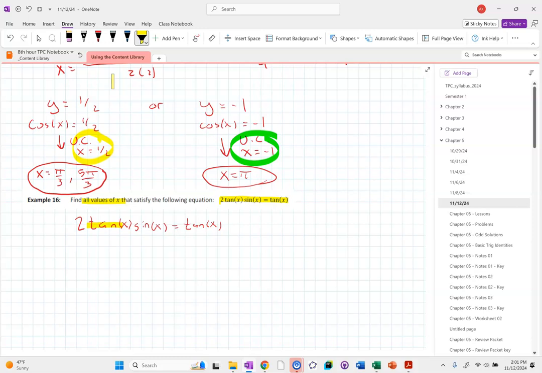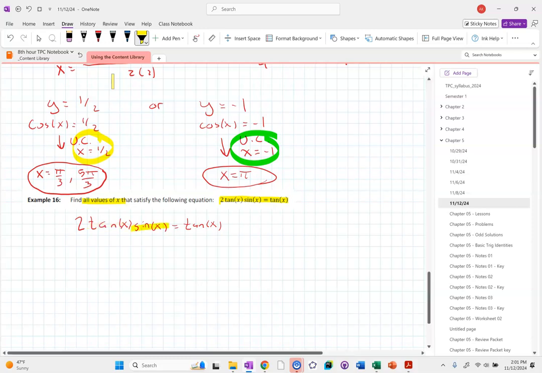I can turn tangent into sine over cosine, but that doesn't help because I'll still have two different trigs. I can turn it into secant over cosecant, or 1 over cotangent. That doesn't help me at all. I can't get just sines.